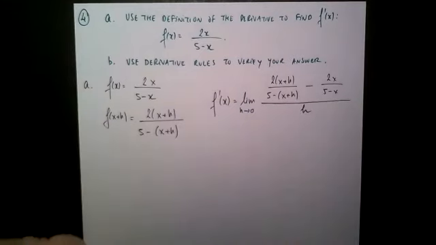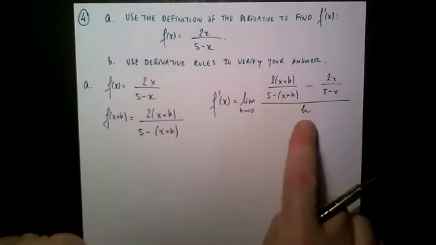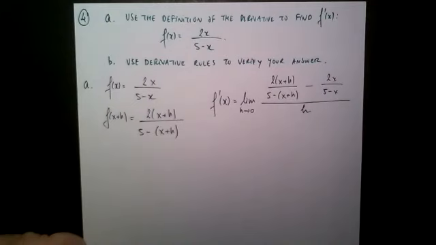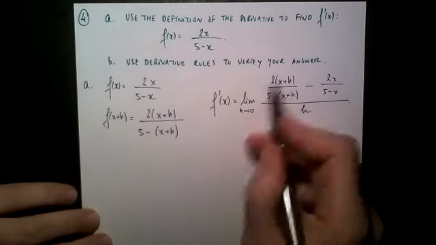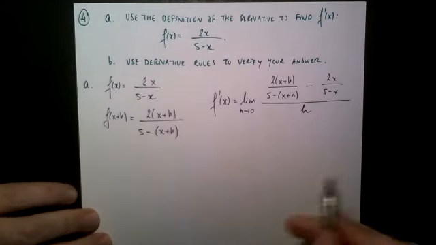We know the formula: f of x plus h minus f of x over h, h approaches 0. Question? All right, so now we have to do just some algebra.